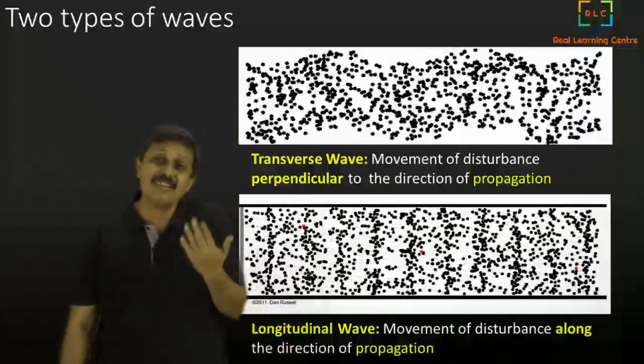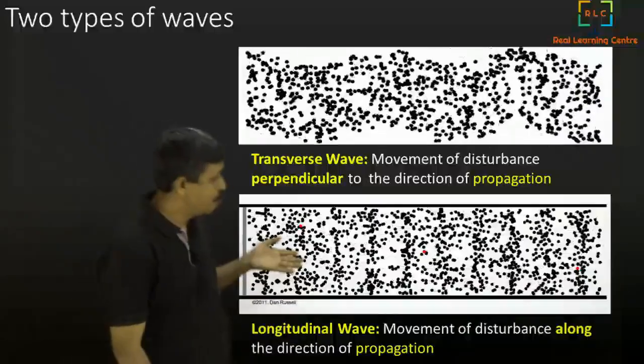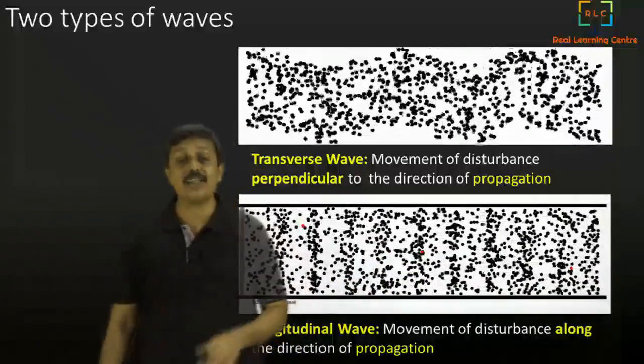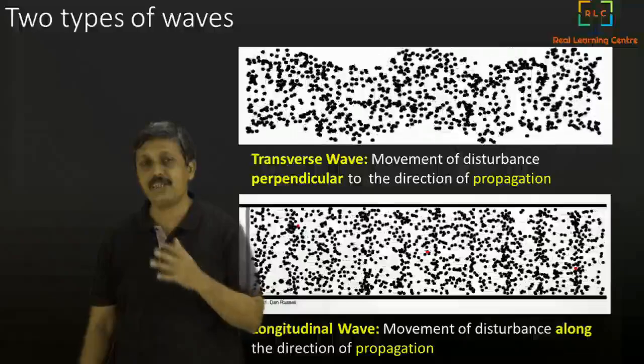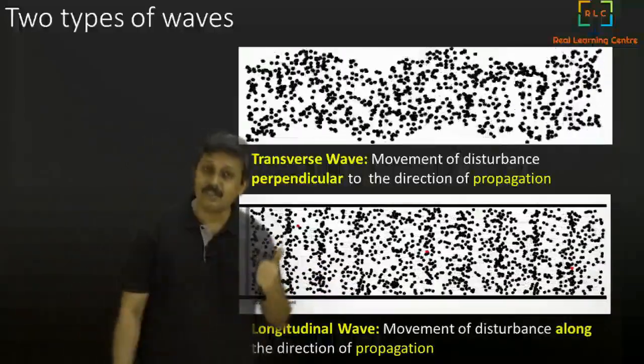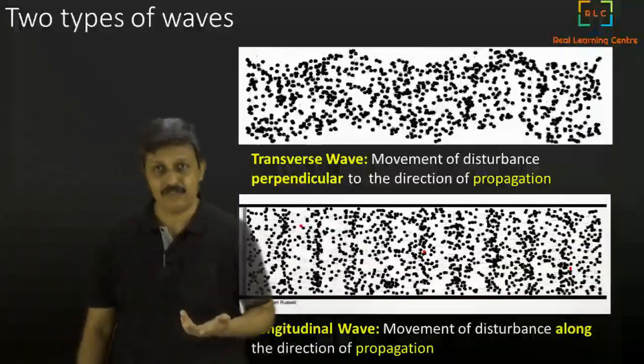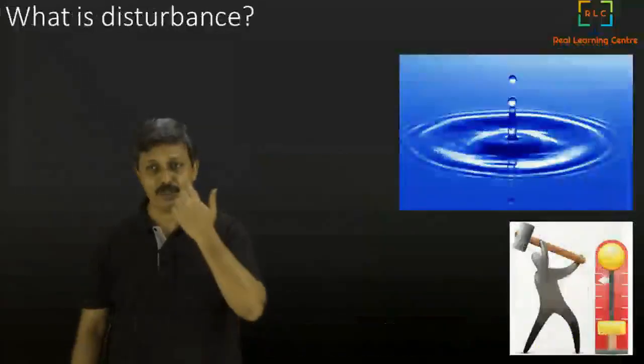So they are along the same direction. The displacement of the particle and the movement of the wave are both in the same direction. Such a thing is called a longitudinal wave. We have transverse waves and we have longitudinal waves. There are examples of both kinds of waves.